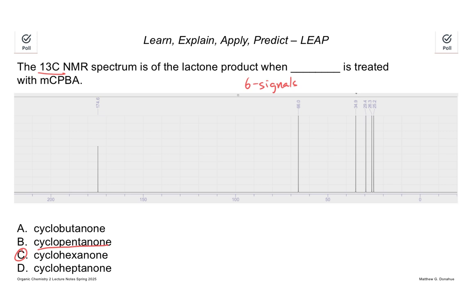Does that make sense? Tricky, yes. So again, that highlights the symmetry breaking, because if you're starting with this, that has symmetry. You do the expansion, and then you end up with the 6 unique carbons.